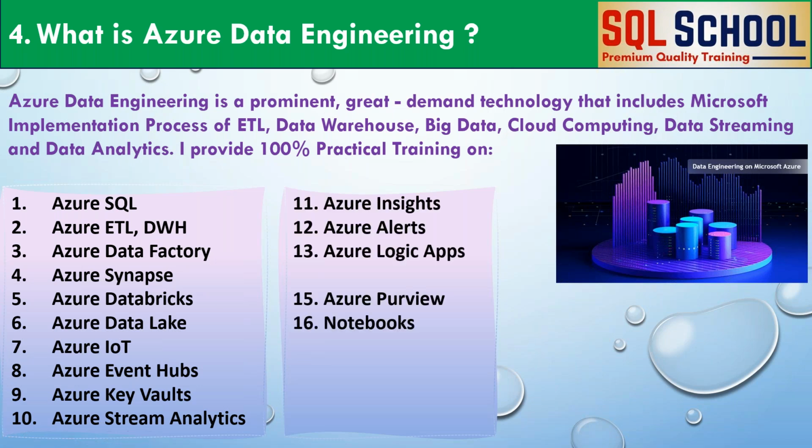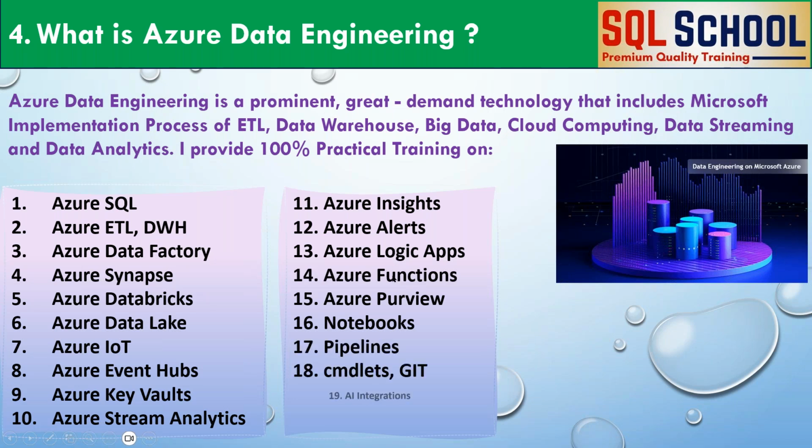We need to learn about Azure Insights, alerts, logic apps, functions, Purview, notebooks, something called pipelines, commandlets, Git integrations, and an end-to-end project. Items 1 to 10 are the main ingredients that we are going to learn in our classes. Items 11 to 20 are the helping objects.